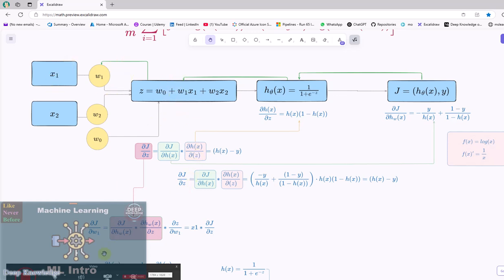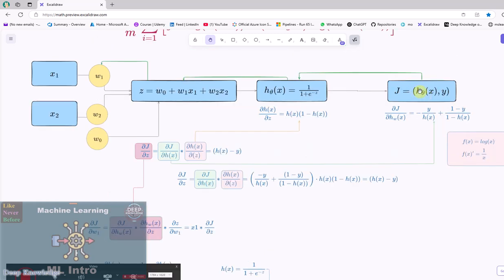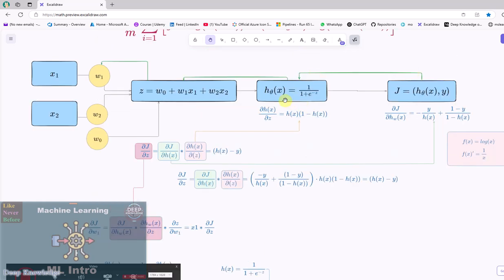This is the z. So as you can see here, the derivative of g, or let's say of the cost function, with respect to w1, we will start from here. The cost function with respect to h0, or let's say the sigmoid function, multiplied by the sigmoid function with respect to z, and here z with respect to w1.